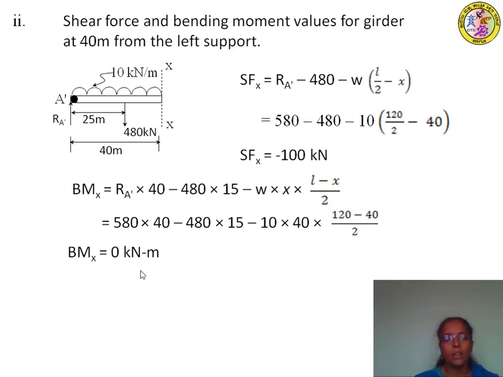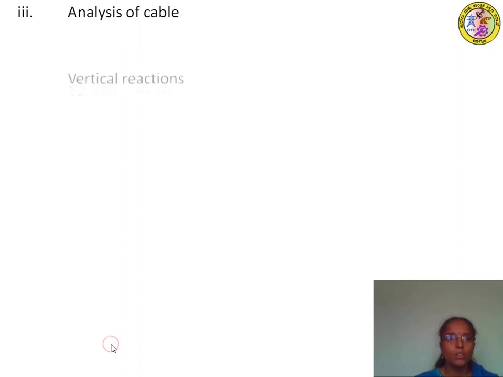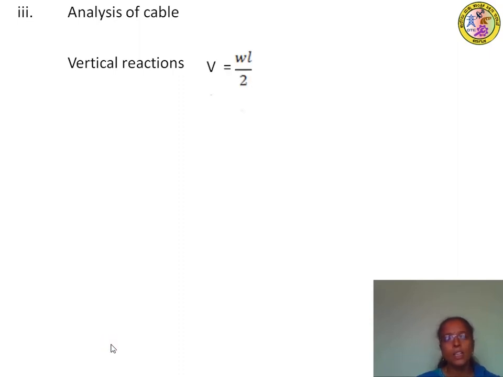Next we will go for the analysis of cable, that is to find the maximum tension and its inclination. So to find the maximum tension we should know the reactive components due to this UDL. So vertical reaction is given by WL by 2. So let us substitute the values. W is 10.